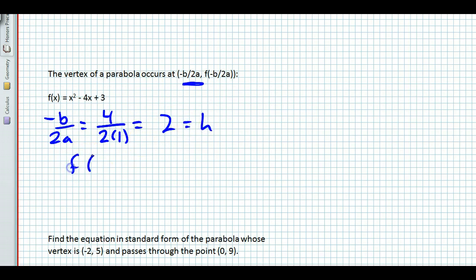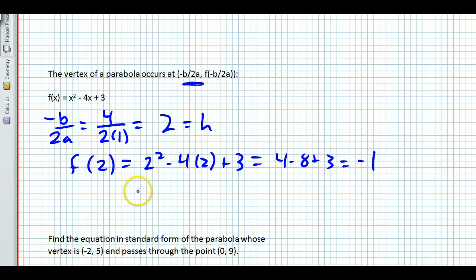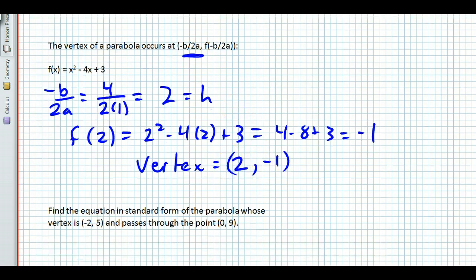And the y-coordinate is going to be f of 2, which is going to be 2 squared minus 4 times 2 plus 3, which is 4 minus 8 plus 3, which is negative 1. So our vertex is at 2 comma negative 1. That's a really handy shortcut to remember if all you're looking for is the vertex.